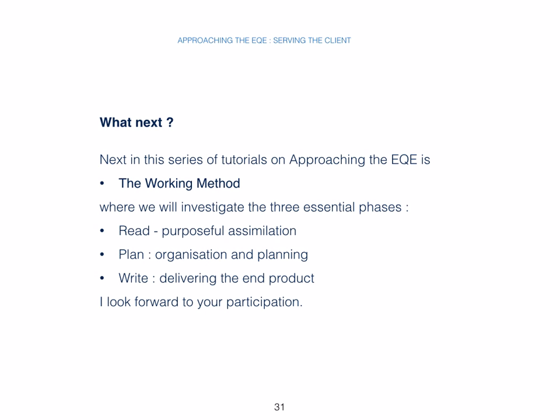In this next tutorial, we will investigate the three essential phases of the working method. These are essential phases for all papers of the exam and for all questions of the exam, even for short legal questions. Phase 1 is read, which is purposeful assimilation. Phase 2 is plan, which is organization and planning. And phase 3 is write, which is delivering the end product.